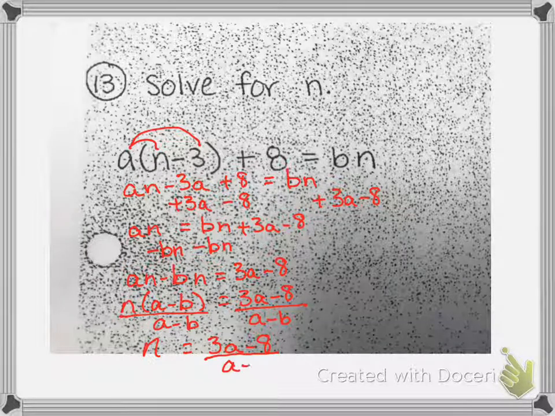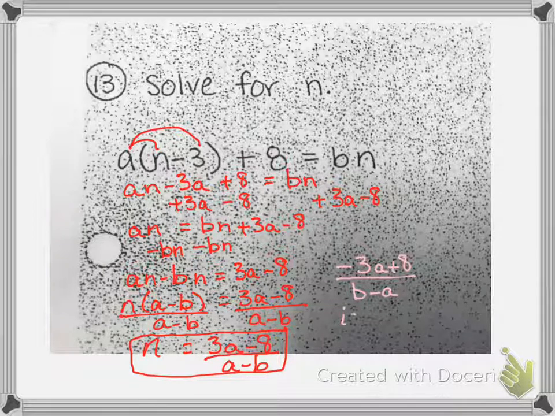So n is equal to 3a minus 8 divided by a minus b. Now if you're looking at the answer key, you'll see negative 3a plus 8 divided by b minus a. That is the same answer. Both written both ways is correct. Either way.